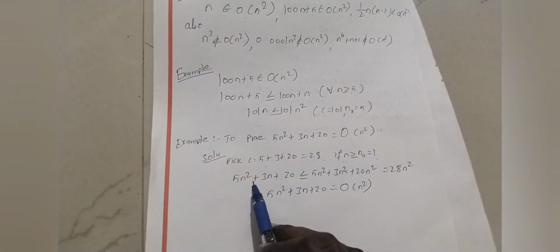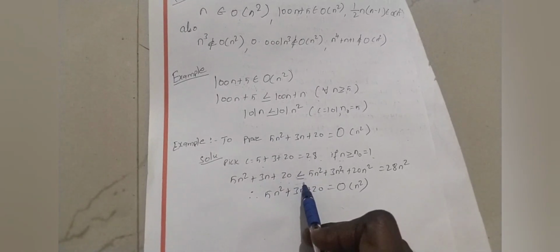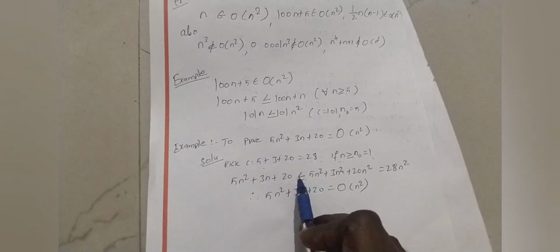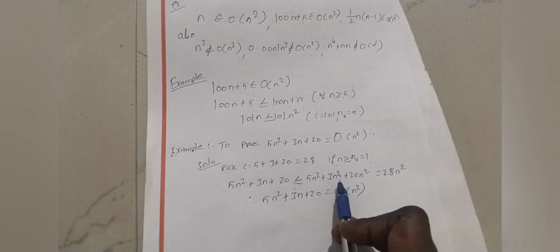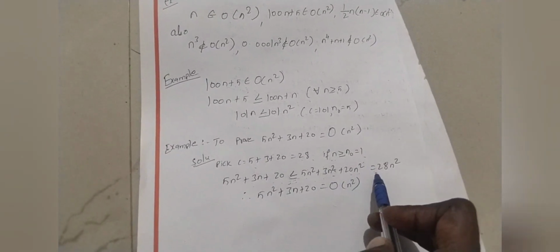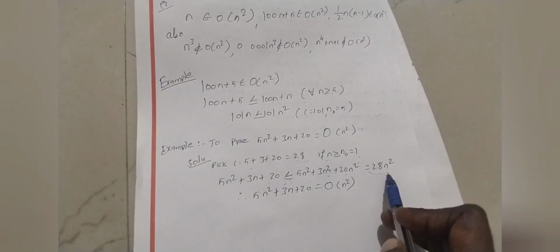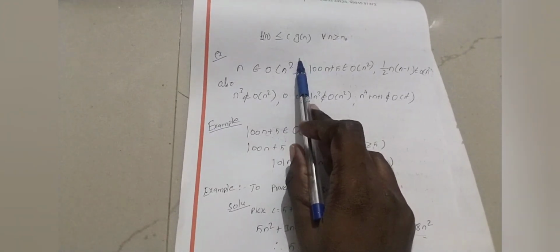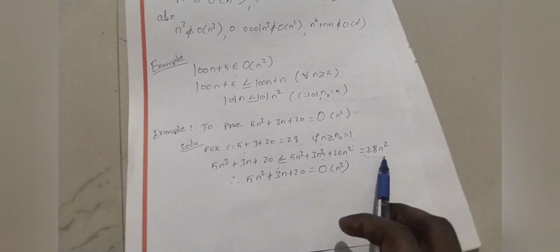So, 5n square plus 3n plus 20 is less than or equal to, because big O always belongs to the upper bound of the function, 5n square plus 3n square plus 20n square, which is equal to 28n square. So, f of n is less than or equal to c of g of n, as in the general formula. Therefore, we prove 5n square plus 3n plus 20 is equal to big O of n square.